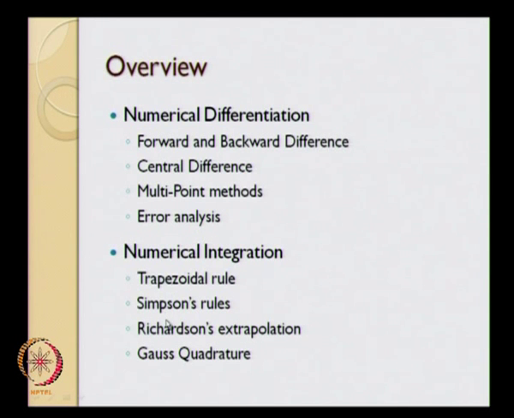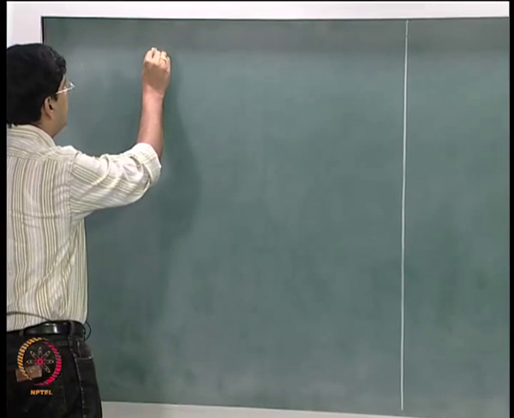The first methods come under the more general title of Newton-Cotes formulae, whereas the Gauss quadrature method is kind of an open method. We will talk of all these methods in the numerical differentiation and integration that we will cover in the current module. Start off with numerical differentiation over here.